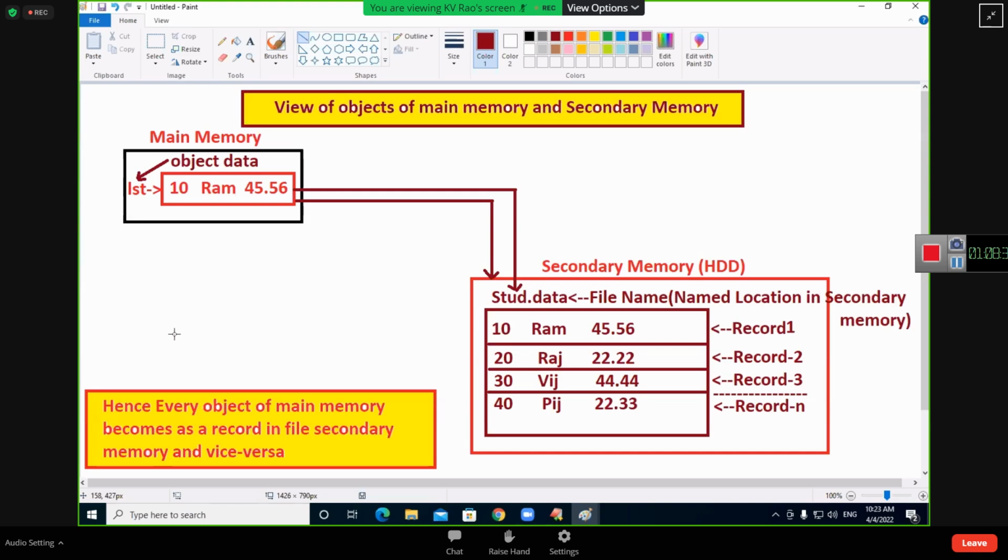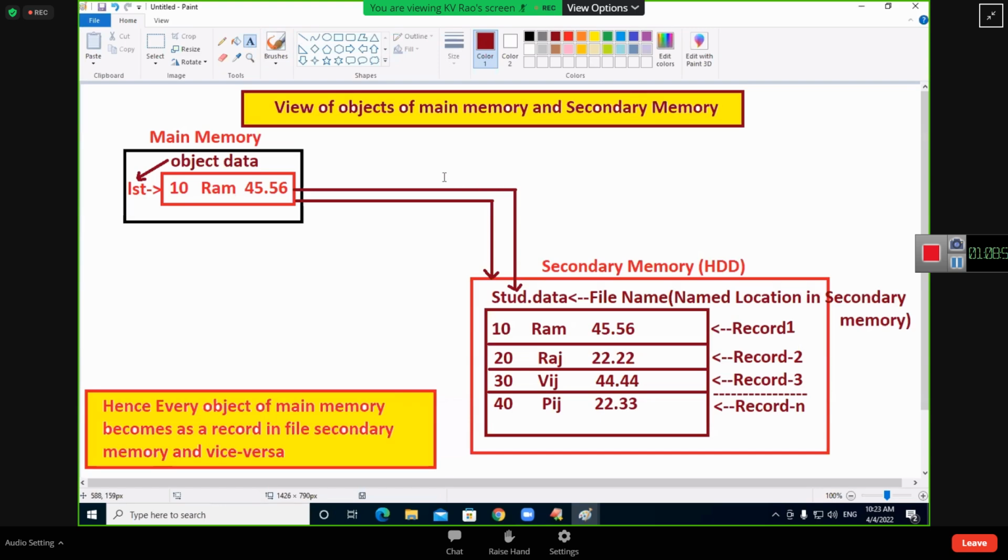Reading. So in reading, what is happening? Transferring the record from secondary memory into an object of main memory. Which operation? Very good. Now I am going to indicate this line.